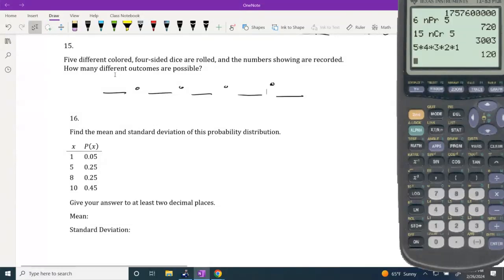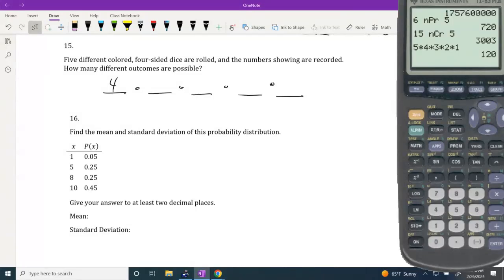So how many choices do we have to choose from on the first dice? 4, right?